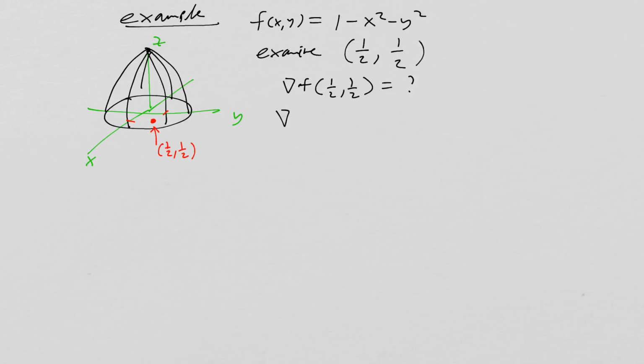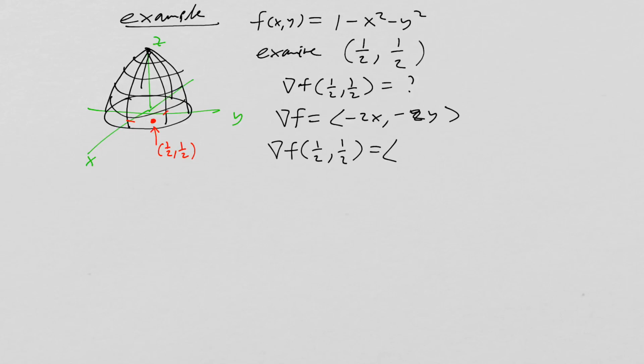And if this is our surface, we expect the gradient to be pointing in the most uphill direction. So it should be pointing towards the origin. Let's see if we can find that out. Grad f is equal to negative 2x, negative 2y. Cool. So now grad f at 1/2, 1/2 is going to be equal to negative 1, negative 1.